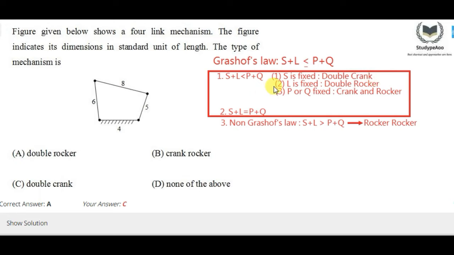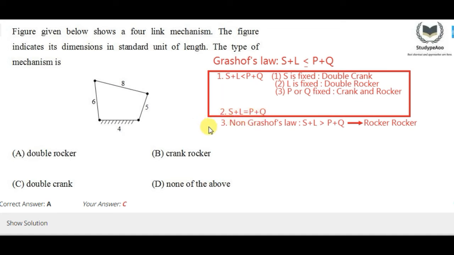If you find the largest link is fixed, then you will definitely get a double rocker mechanism. And if either of the two links P and Q is fixed, then there will be a crank and rocker mechanism. So this is basically Grashof's law.